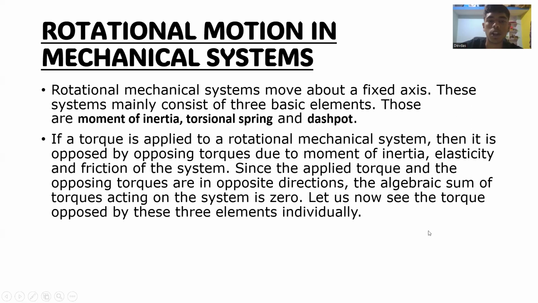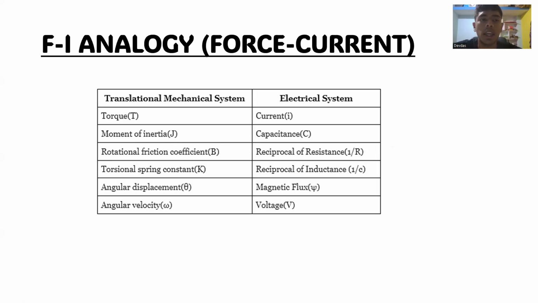So now let us see the FI and FV analogy quickly so that we can go through the conversions and then start the question. FI stands for force current. Here you can consider torque. Torque is basically a rotational force, so you can consider it as the FI analogy.